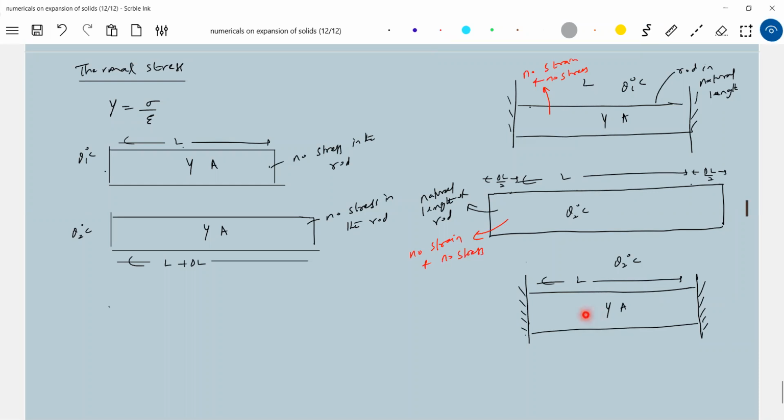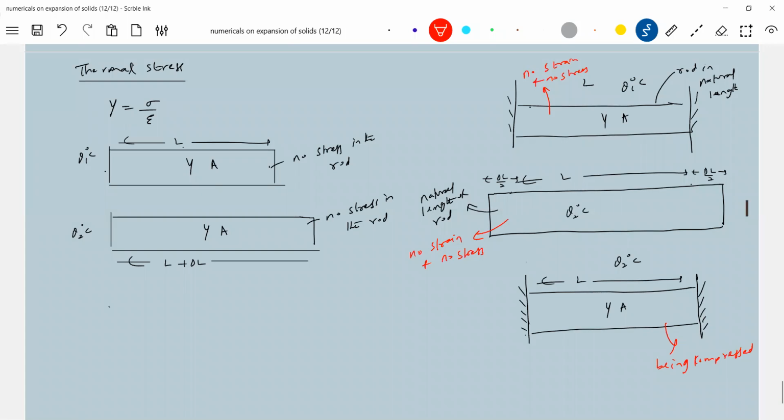Okay, now come to this one. What should be the length of this rod? Should be L plus delta L, no? But it is compressed by an amount delta L. Who is compressing it? The wall.